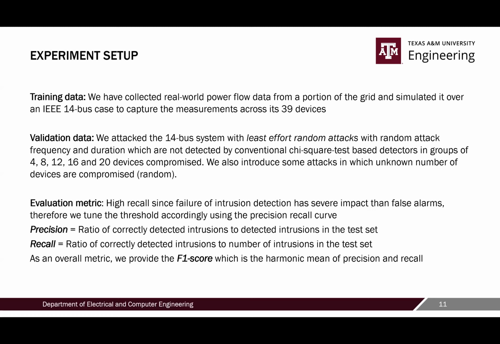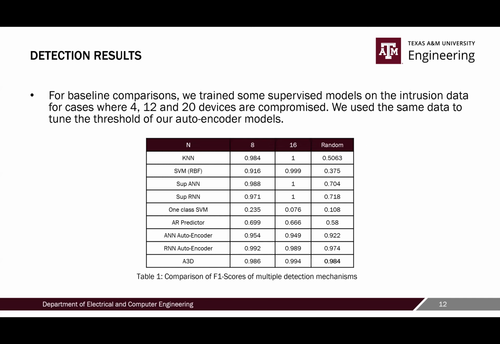We'd rather have false positives than miss an attack that's actually there. We also use something called F1 score, which is a harmonic mean of the precision and the recall. So basically the goal in this case was not to miss any, and that's how the algorithms were tuned.